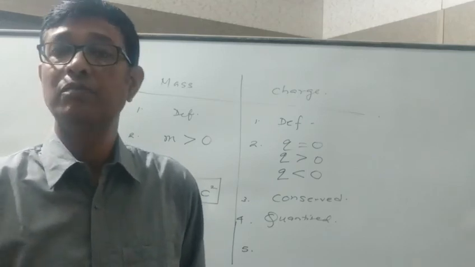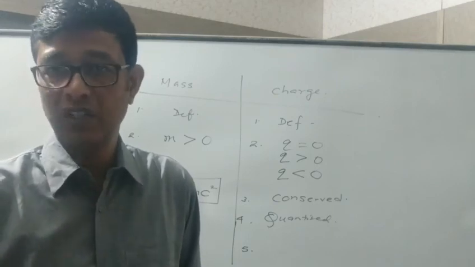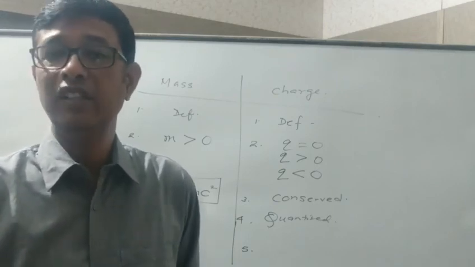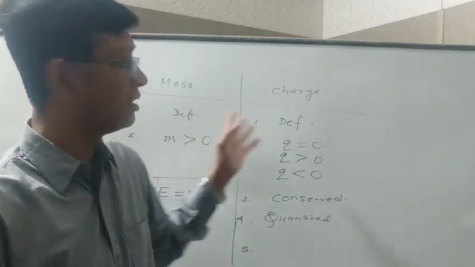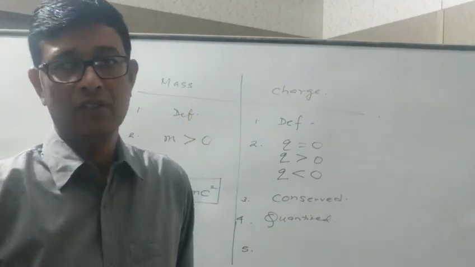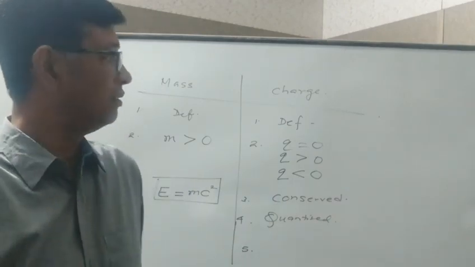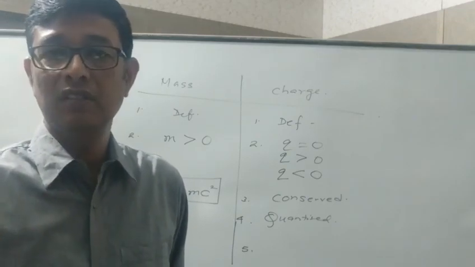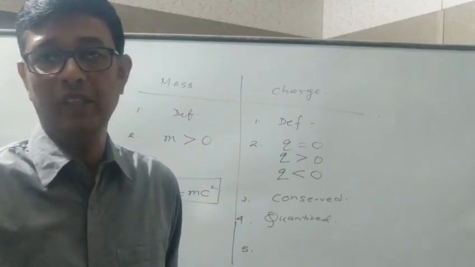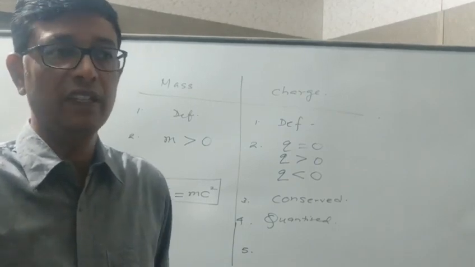Then we have discussed some properties associated with charge: conservation of charge, quantization of charge, additive nature of charge, invariance of charge, and so on. And lastly, we have discussed the basic difference between mass and charge. I hope you will recapitulate this topic and go through this video thoroughly and clear your basic concepts. So we'll discuss the next topic, Coulomb's law.